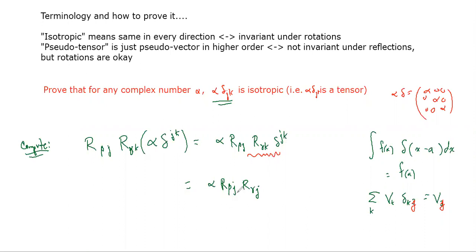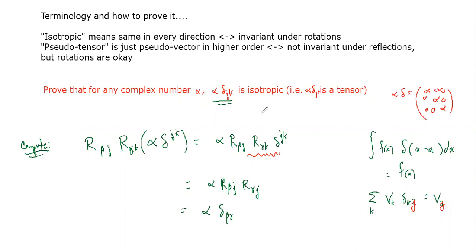Okay. And now I have properties of the rotation matrices themselves that tell me that this is equal to Kronecker delta gamma beta. So the first thing we got from just the definition of the Kronecker delta, and the second thing we get from properties of rotation matrices, that this is actually equal to Kronecker delta beta gamma.